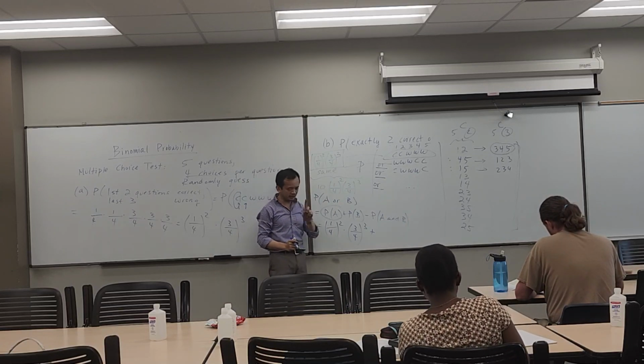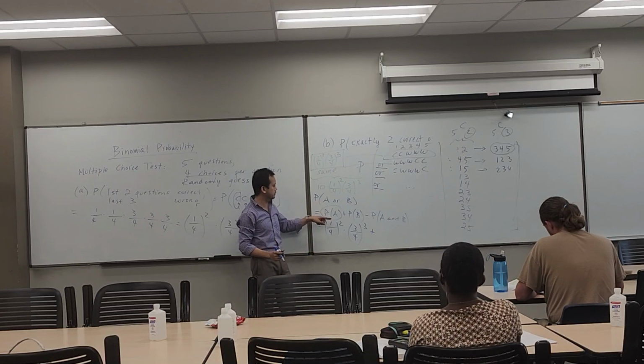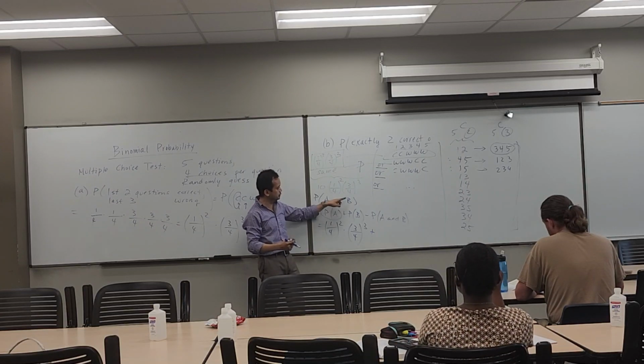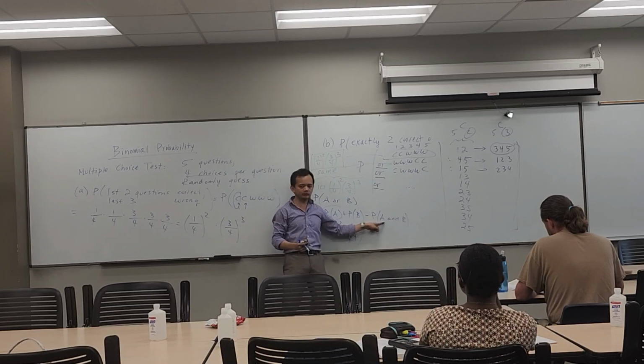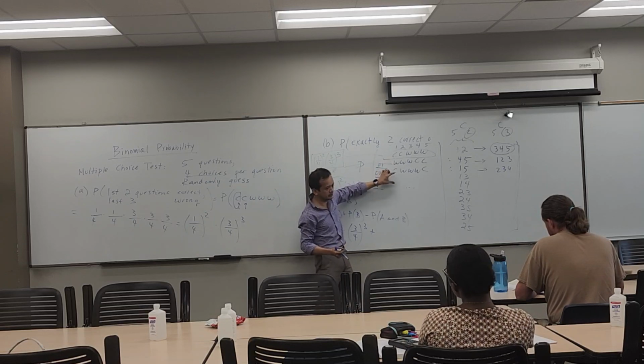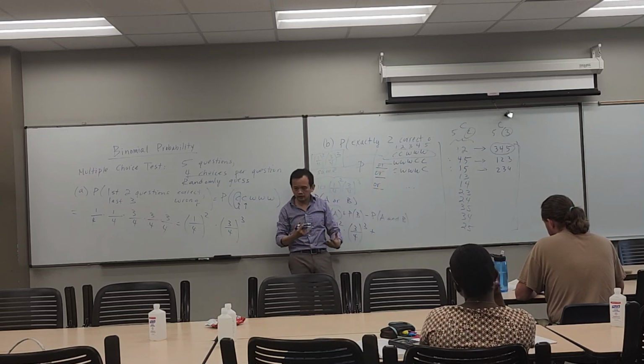One last technicality is that by the addition rule, which we used here to add up the individual probabilities, technically we have to subtract out the overlap, so minus the probability of any of these events occurring together on the same test.